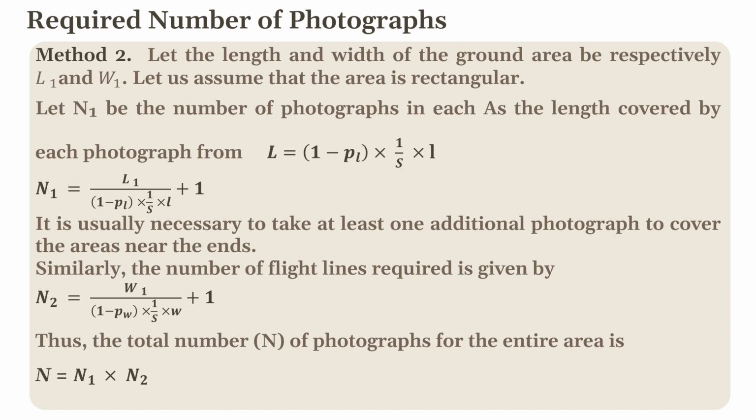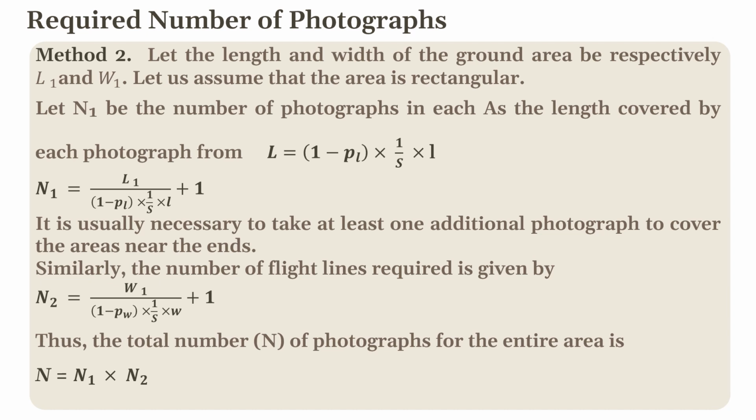we know L = (1 - PL) × (1/S) × l. So the number of photographs needed to cover the length L1 is N1 = L1 / ((1 - PL) × (1/S) × l) + 1. This plus 1 ensures we cover the areas near the ends. Similarly, the number of flights N2 = W1 / ((1 - PW) × (1/S) × w) + 1.